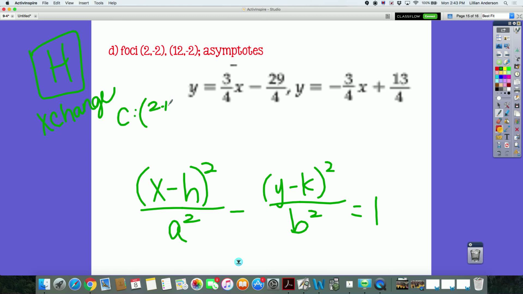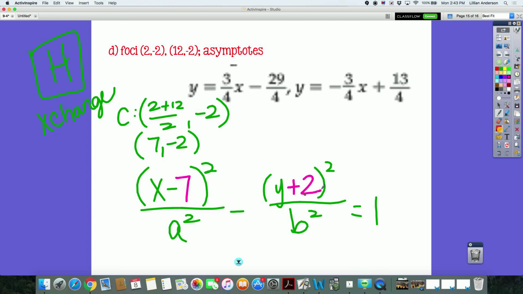We're going to find the halfway point in between the x's, since they do change, the y stays the same. So it's going to be 14 over 2, which is 7, negative 2. So then h is going to be 7, k is going to be negative 2. So then that's going to give us an x minus 7 and that y plus 2 over here.